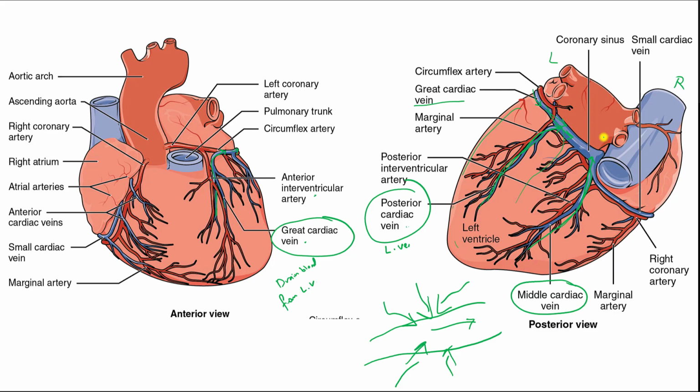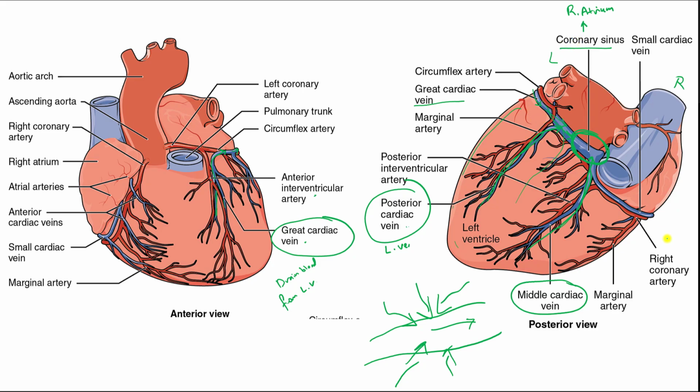Just before the right atrium, we have a hub that all of that blood is drained to. We'll call it the coronary sinus. The coronary sinus opens directly to the right atrium, and it receives the deoxygenated blood from the heart cells.